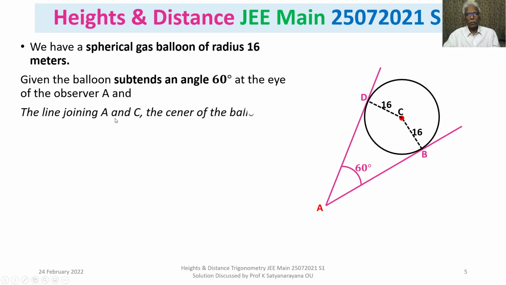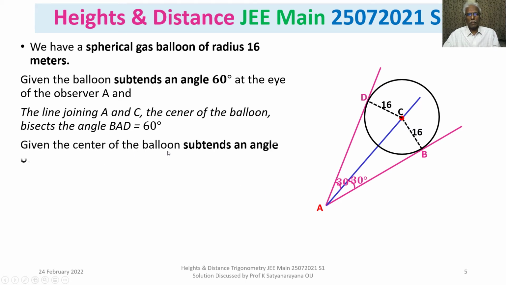The line joining A and C, what is C? The center of the balloon. That line AC bisects the angle BAD, that is equal to 60 degrees. AC bisects 60, so it becomes 30, 30.